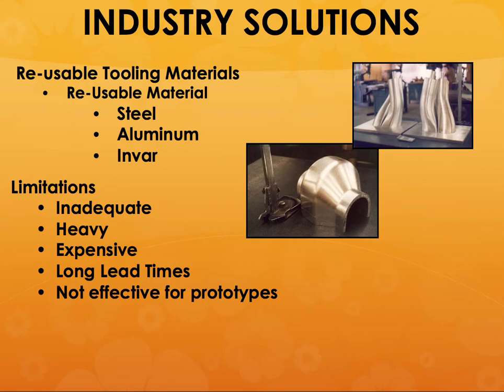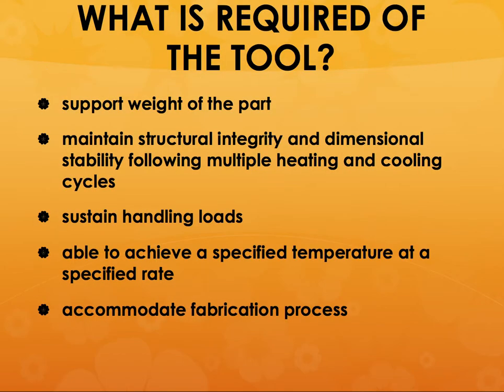So the limitations are that these materials are inadequate, heavy, expensive, and have extremely long lead times. For example, if you have a $5 million tooling piece, it can take you about 6 months to make it before you get the final part. So if you are going to be making a prototype, it is not going to be an effective process.